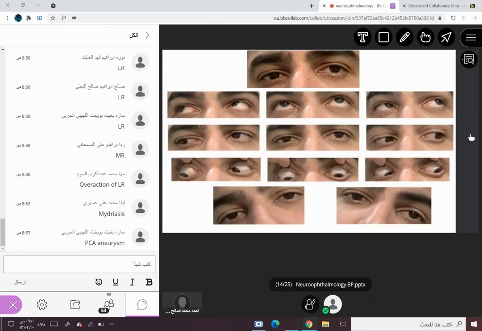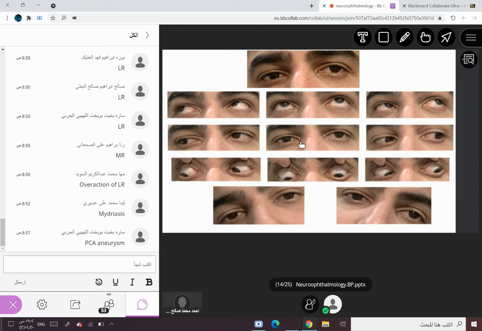Let's take this example. So in this patient, this is the primary position. You ask the patient to look right, to look left, to look up, to look down.